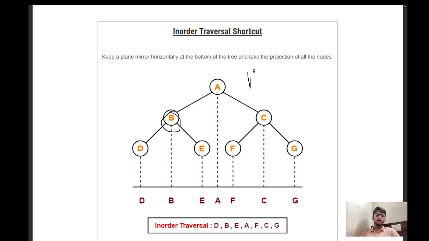Here D is the left child, and B is the parent, E is the right child.